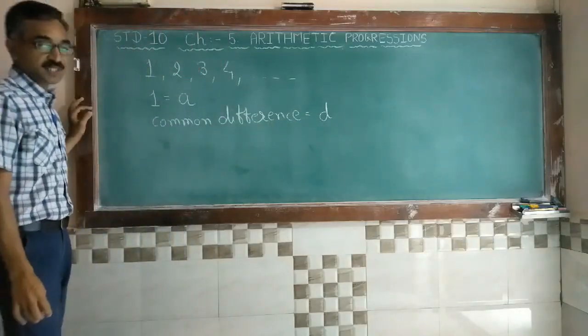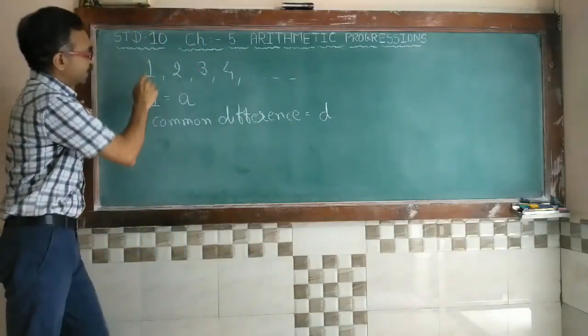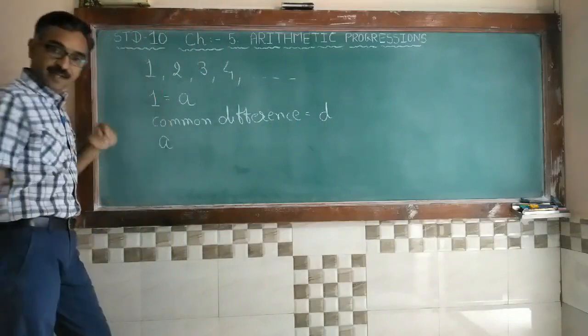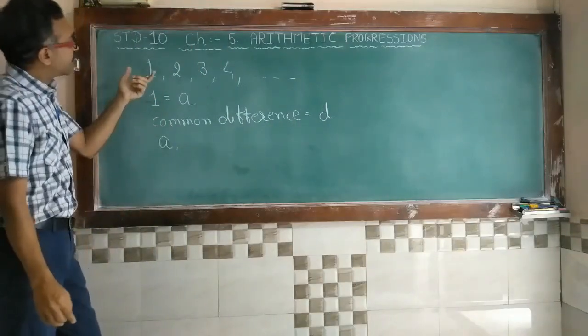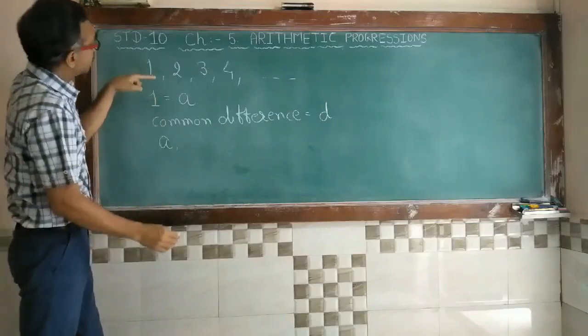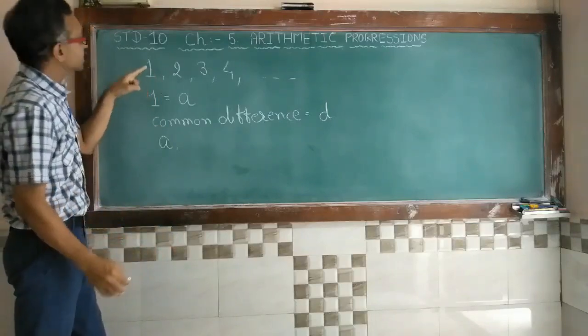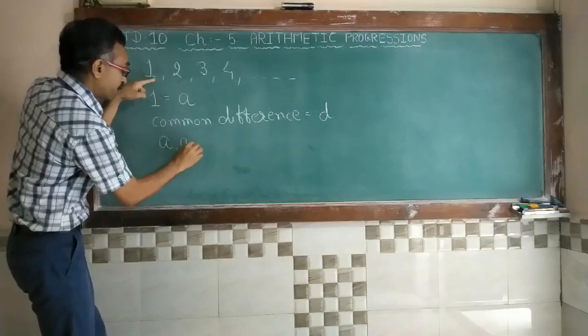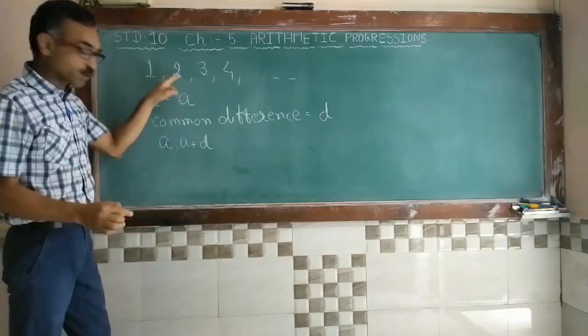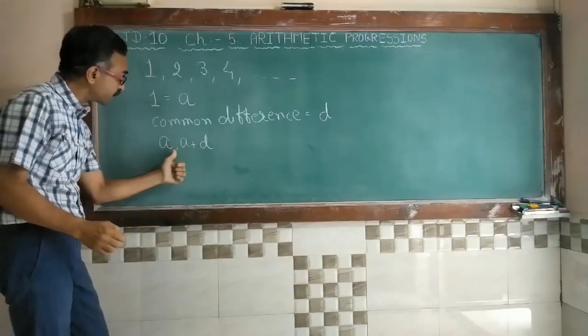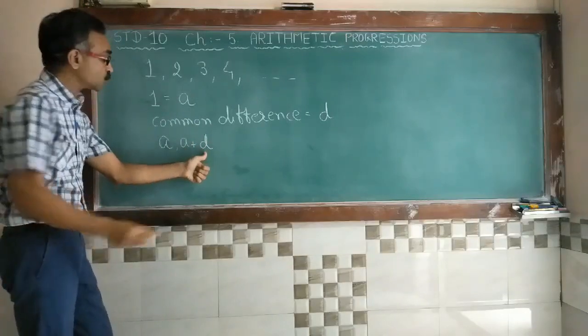Okay, now see, we have a, then we are adding some fixed number. Suppose we are taking natural numbers, then a plus d, we are adding 1 here, so 1 plus 1, that is 2.